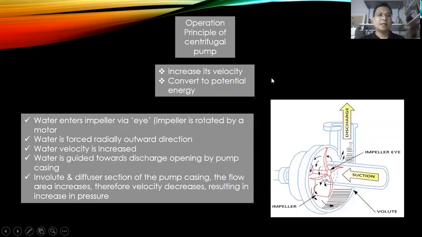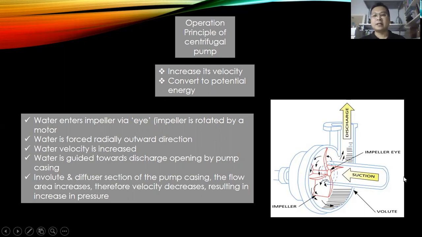Now we go to the type of centrifugal pump system. As I mentioned before, the suction occurs in the axis direction, and the output is from the radial direction. So the increase in velocity is converted into potential energy.